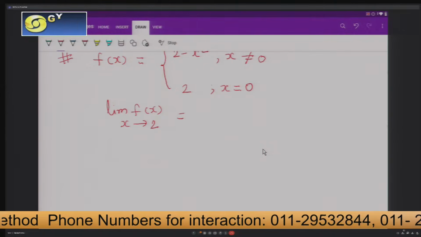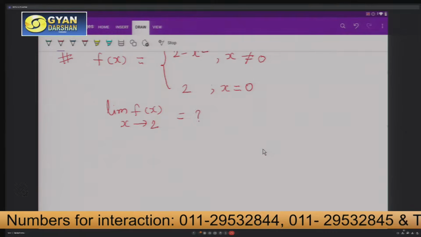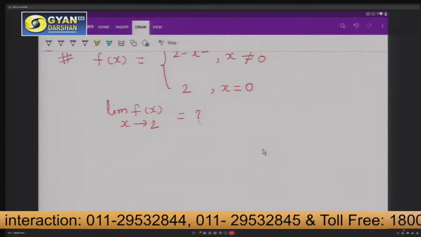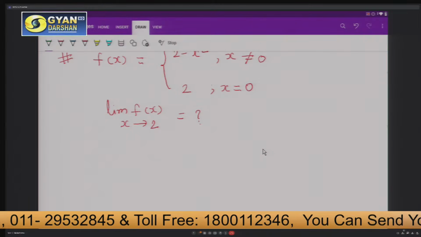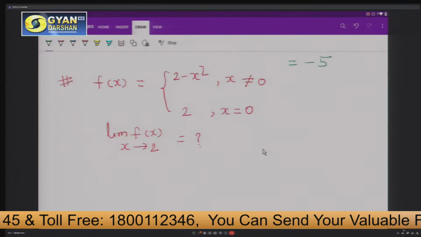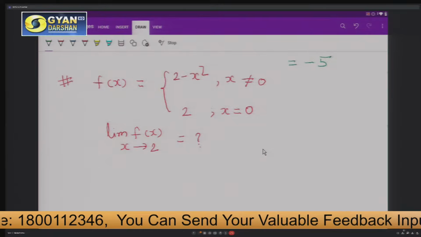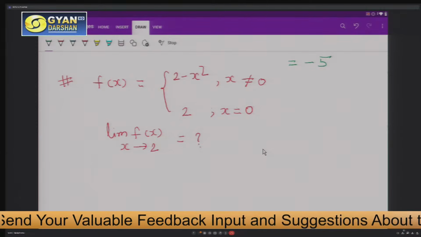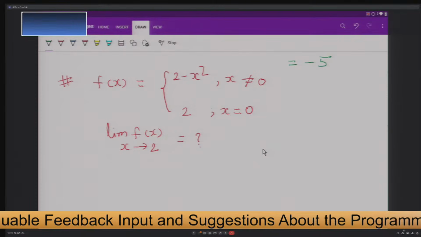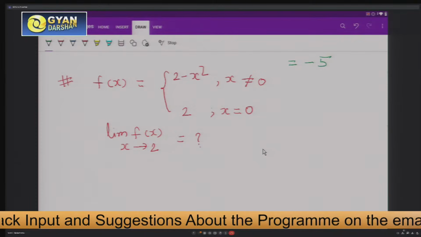We have to find out. Now how will we proceed? Because there are two values. If x is not equal to 0, then the value of f(x) is 2 minus x square. If x is equal to 0, then the value of f(x) is equal to 2.